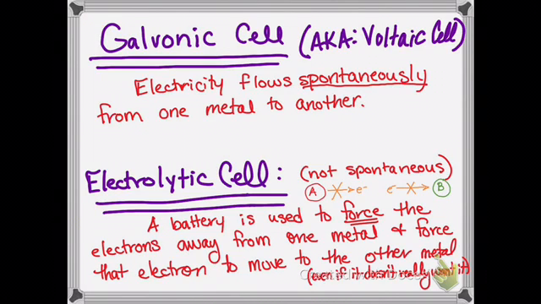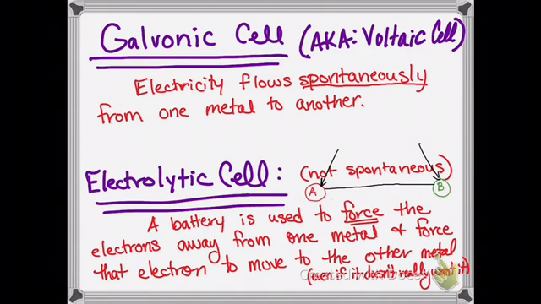But in an electrolytic cell, this process is not necessarily spontaneous. So using the example from before, you have metal A that doesn't necessarily want to release any electrons, and over here you have metal B that doesn't really want to gain electrons. But we can actually force these two metals to give up electrons or absorb electrons. The way that we do that is we connect these two metals with some kind of wire.